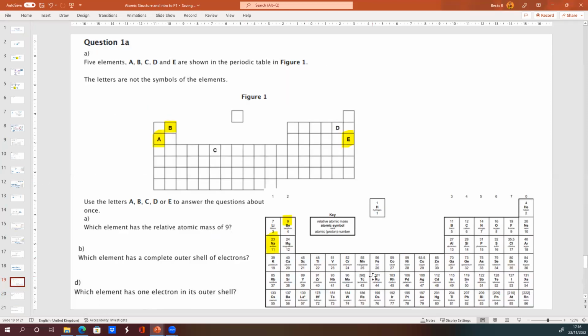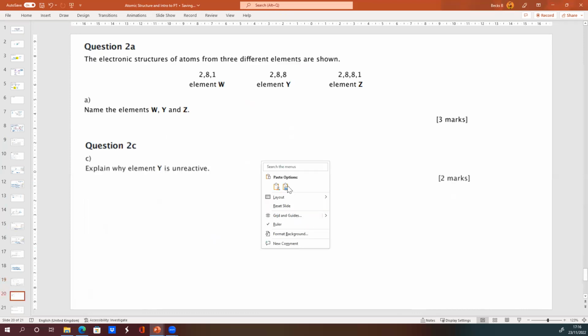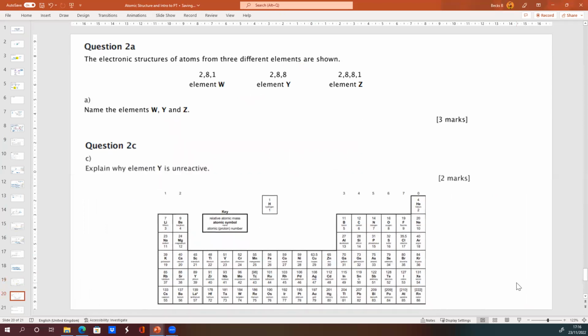Okay, I'll copy that again. So last 2 questions, put that down there for you. You're given the electron structure. So when we write them, this is telling us that element W, for example, has 2 electrons in the first shell, 8 electrons in the second shell, and 1 in the third.